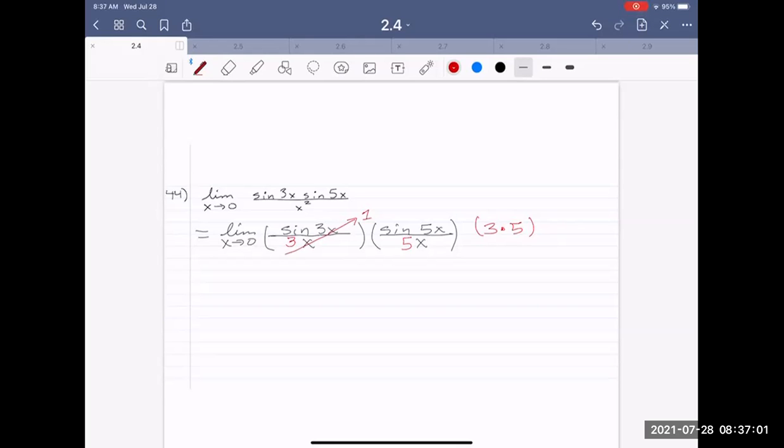Therefore, the sine of 5x over 5x approaches 1 as 5x approaches 0. And well, 15 approaches 15. And so this is equal to 15. Any questions about that? So once you know the trick, then these become quite easy. Okay.